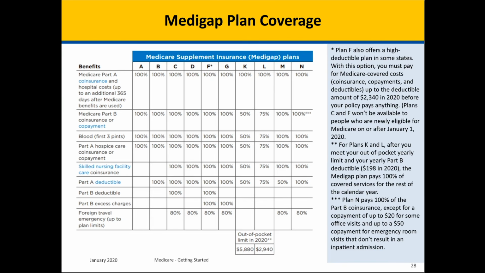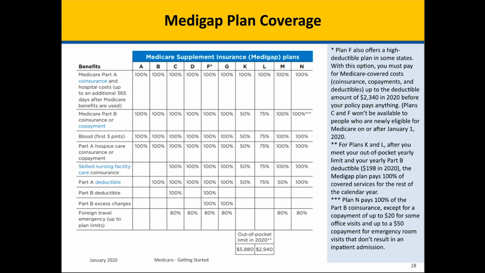Again, all policies have to cover a basic set of benefits as reflected on this chart. For instance, if you're looking at the chart, all plans pay 100%, A through N. All plans pay 100% of Medicare Part A coinsurance and hospital costs up to an additional 365 days after Medicare benefits are used up.